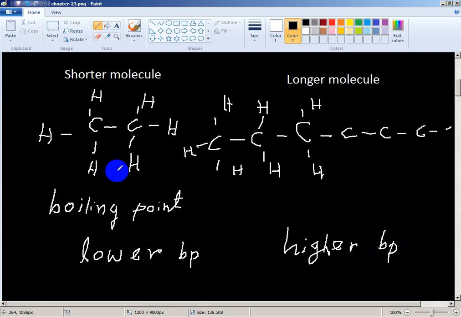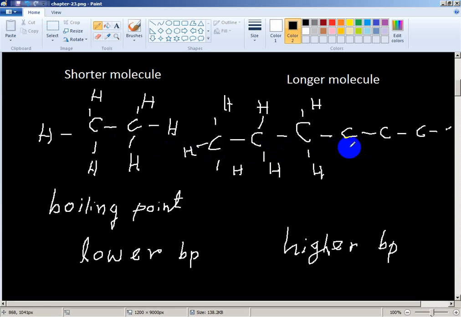A shorter molecule has how many bonds? 1, 2, 3, 4, 5, 6, 7. Only a few bonds to break, and this needs small energy. But longer molecules have lots of bonds, so breaking all these bonds needs a lot of energy.